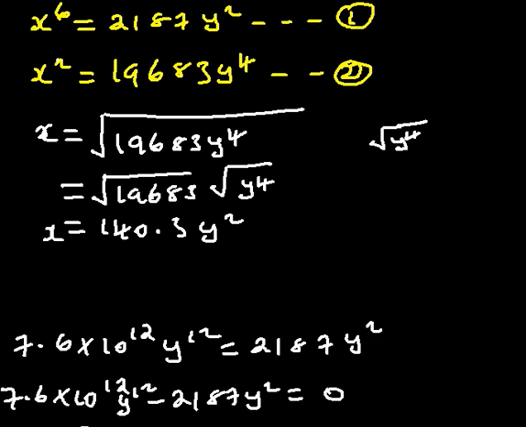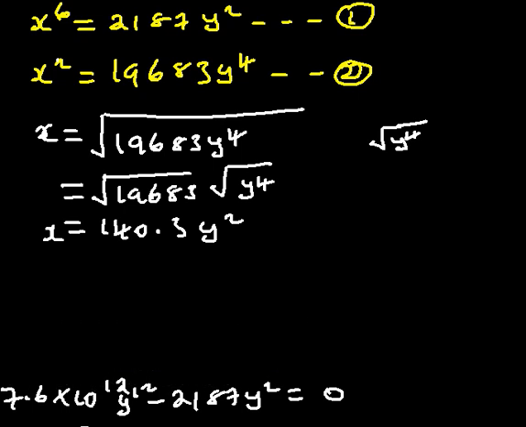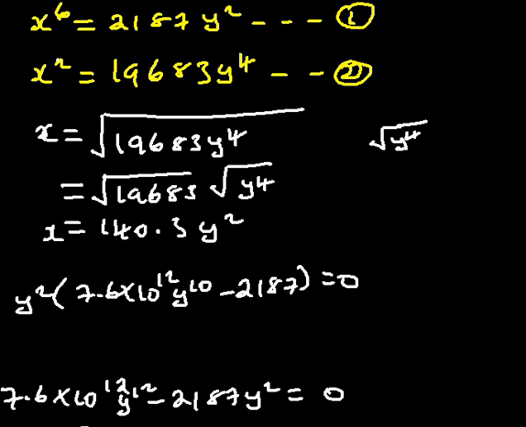Then we factor out y to the power 2, the common factor. So we have y to the power 2 times 7.6 times 10 to the power 12 y to the power 10 minus 2187, equal to 0.